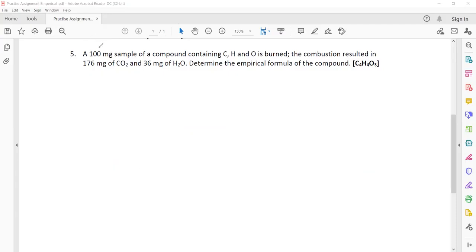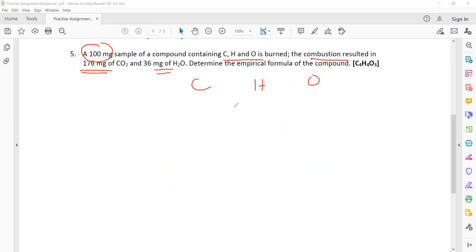We have a 100 milligram sample of a compound which contains carbon, hydrogen and oxygen. But when it is burned, the combustion results in 176 milligram of carbon dioxide and 36 milligram of water. So determine the empirical formula.